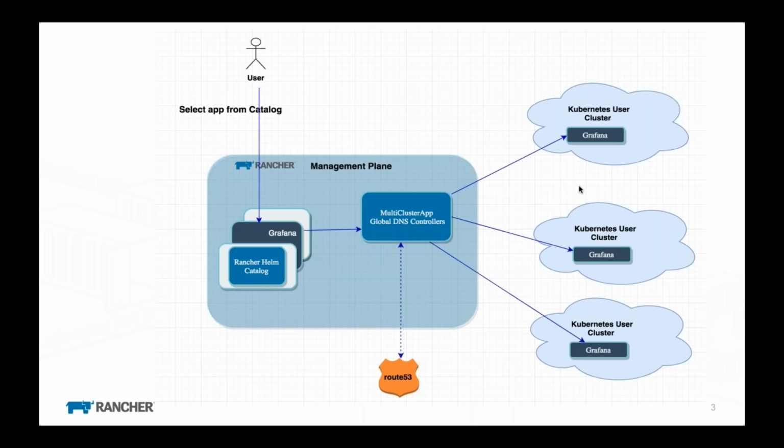And Rancher MultiCluster App controllers will invoke the Helm lifecycle to take this application configuration that the user has set and deploy it to each Kubernetes cluster that the user just chose. Along with MultiCluster App deployment, the global DNS controllers that are running in Rancher can help you program an external DNS server like Route 53 for your application endpoints that are in various Kubernetes clusters.